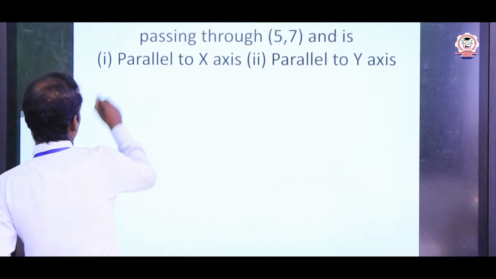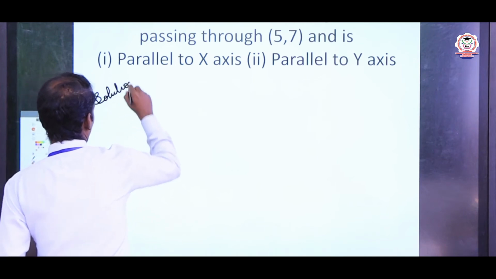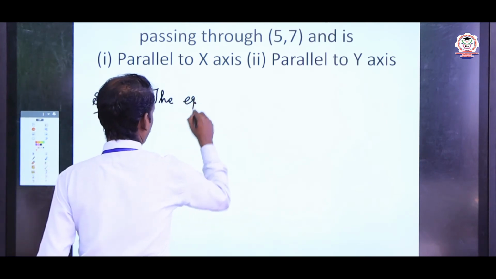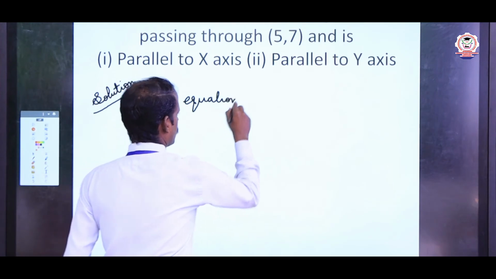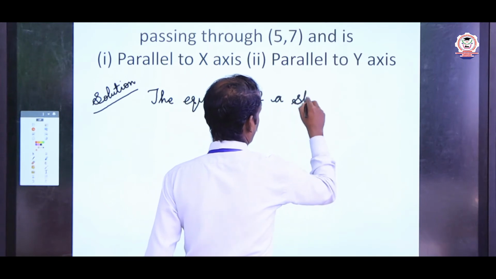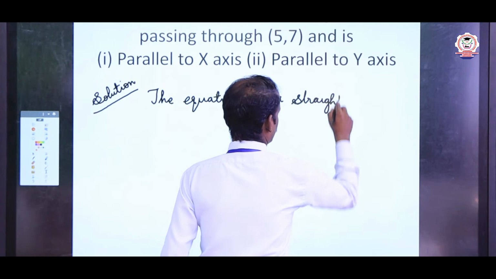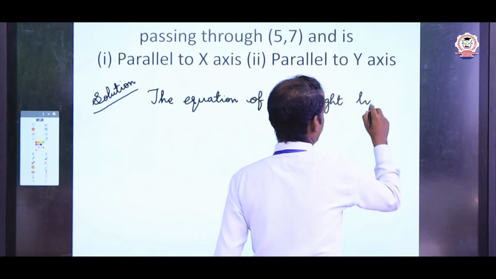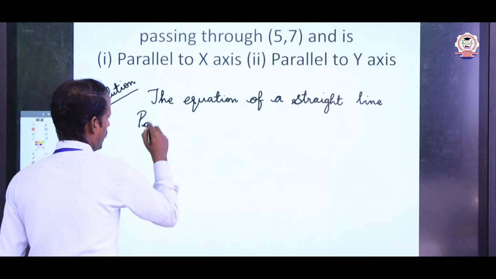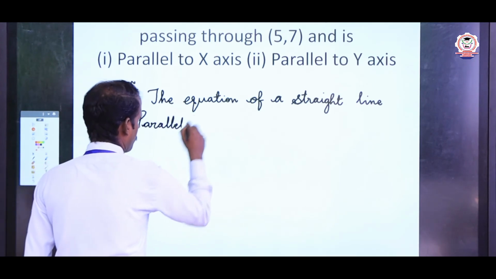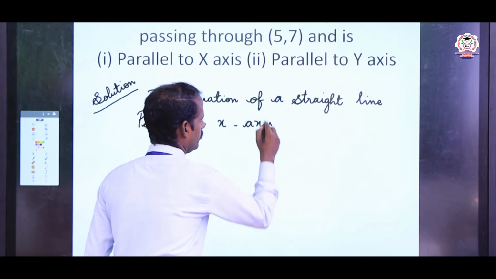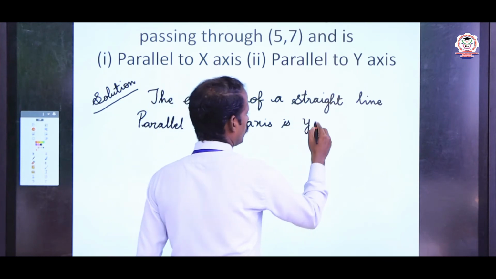So now the solution: the equation of a straight line parallel to the x axis is y equal to b.